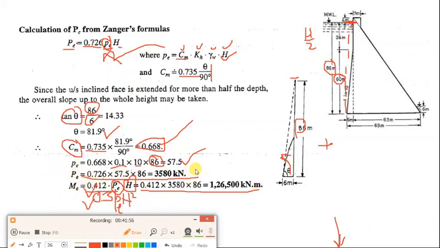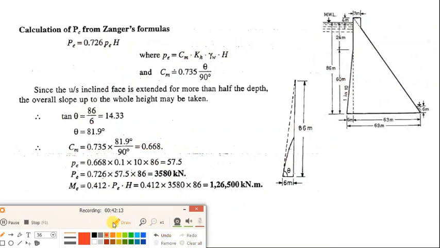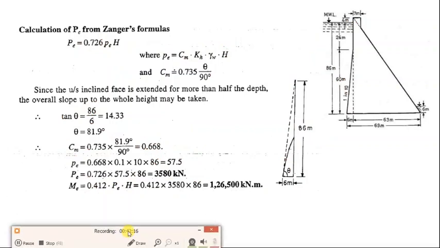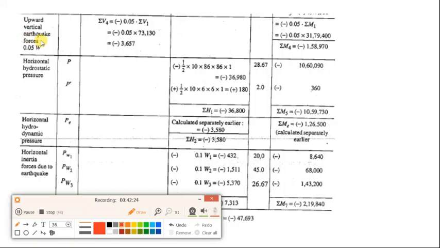Remember, this is negative and this is negative. Understood? So this is how you calculate the hydrodynamic force, and the inertia force we have also discussed. Here the upward vertical earthquake forces are the same, since we have considered upward, so it will be negative, and the moment will be negative.